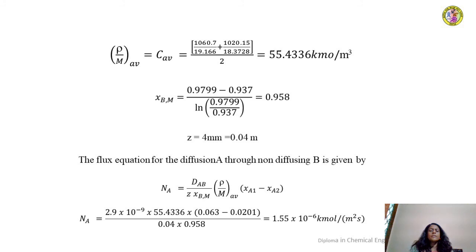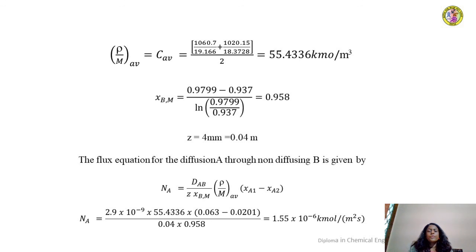Now the average concentration of the mixture, C average or rho by M average, will be equal to (rho 1 by M1 plus rho 2 by M2) whole divided by 2. Rho 1 and rho 2 are given in the question. Substitute the values and get the average concentration as 55.4336 kilomoles per meter cube.